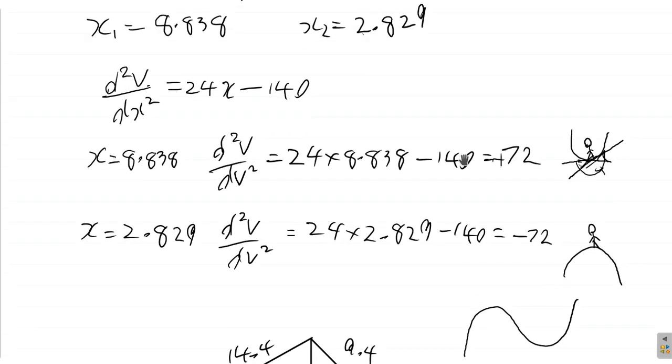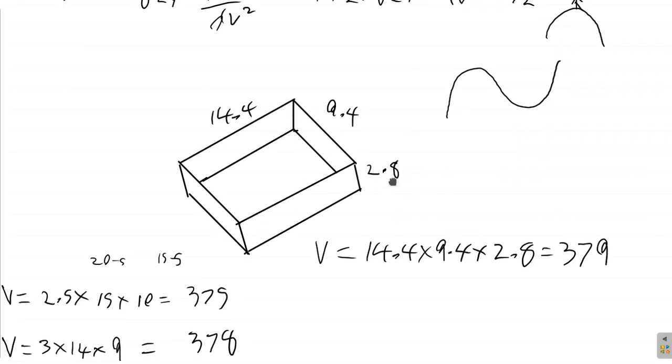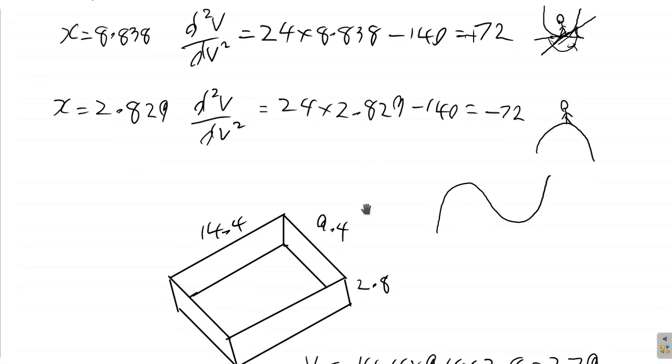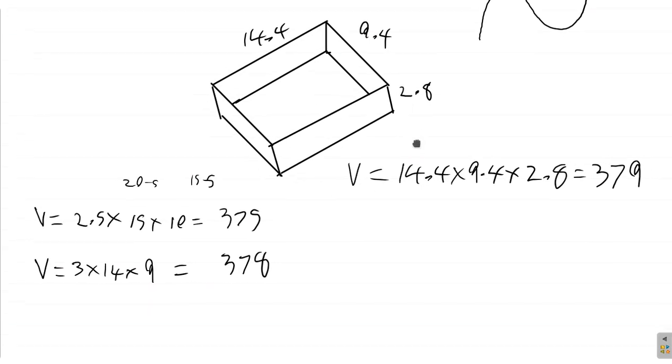Suppose we looked, for example, at 8.8. Suppose it was 8.8 we cut off. What would happen?